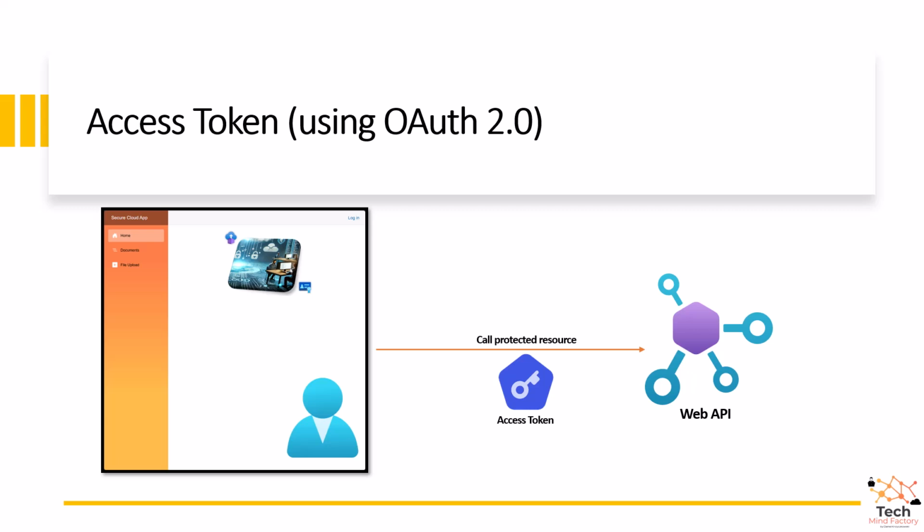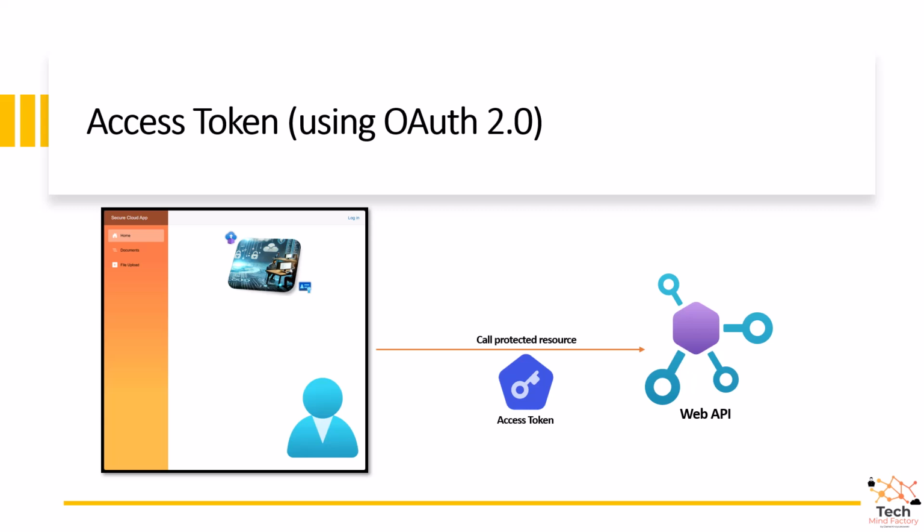So when we want to access a protected resource like a web API, we need to have an access token. This access token is included in the authorization header in the HTTP request. It's passed to the web API, and the web API is responsible for validating this access token. So it's very important to secure our web APIs.